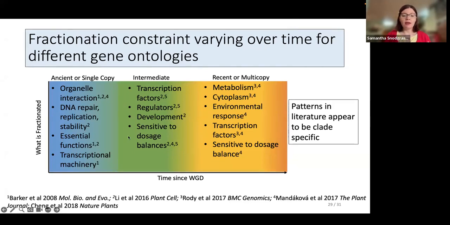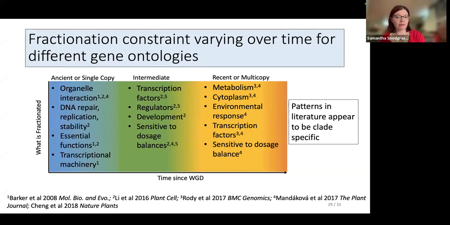And maybe things that have a really strong constraint to retain as duplicates early on, likely due to dosage balances. Perhaps that constraint starts to relax at some intermediate time frame, and you start to see fractionation of these types of ontologies at an intermediate time since that whole genome duplication event.